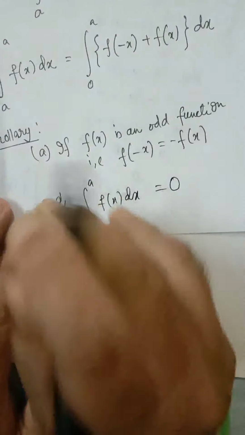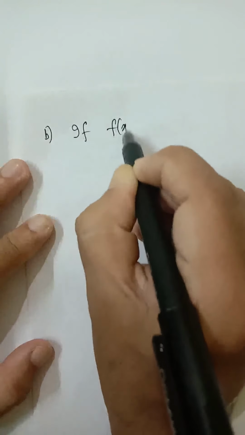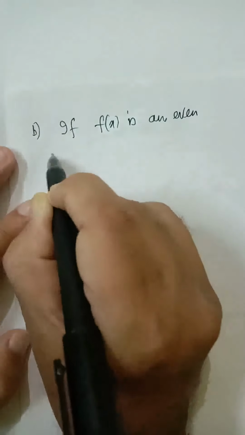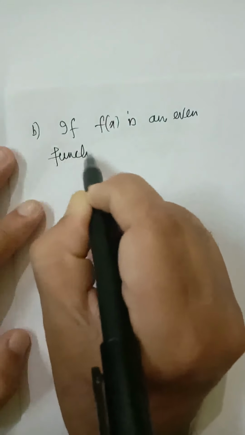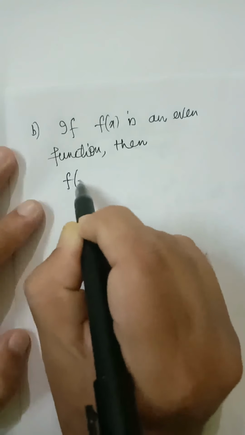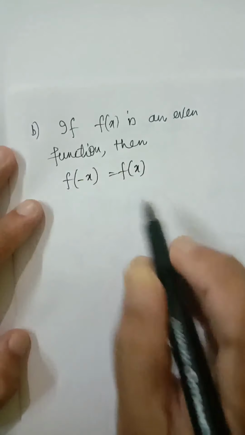Okay, this is result number 1, which comes from this. If f(x) is an even function, then f(-x) is equal to f(x). This is the definition of an even function.